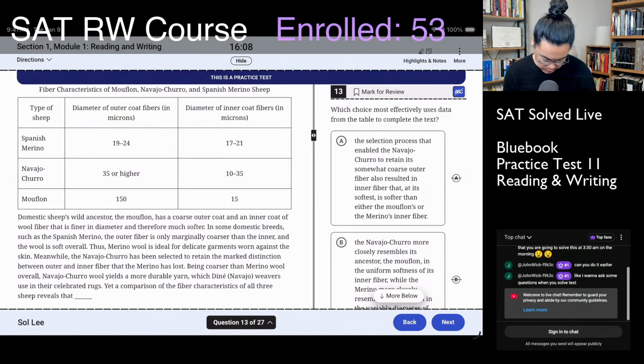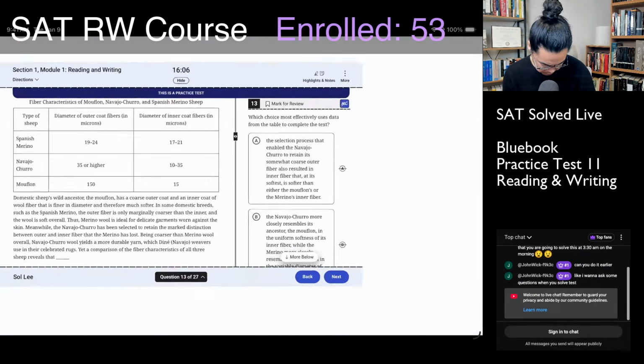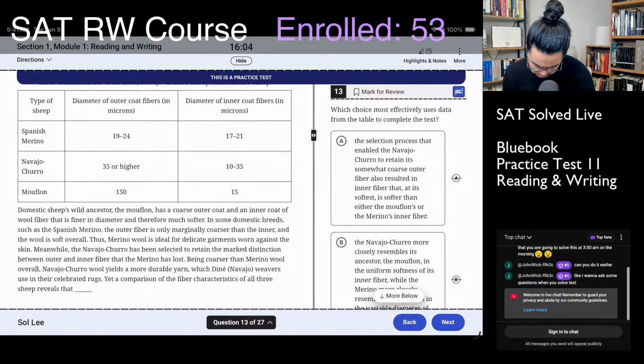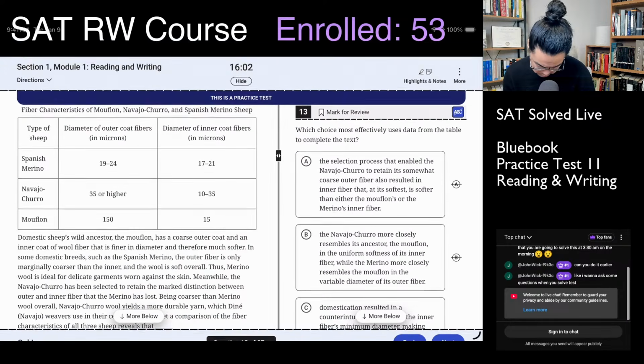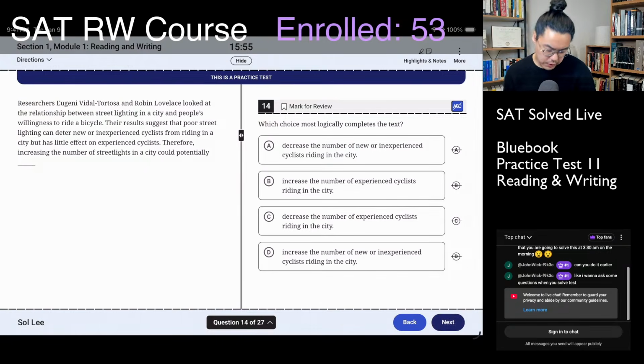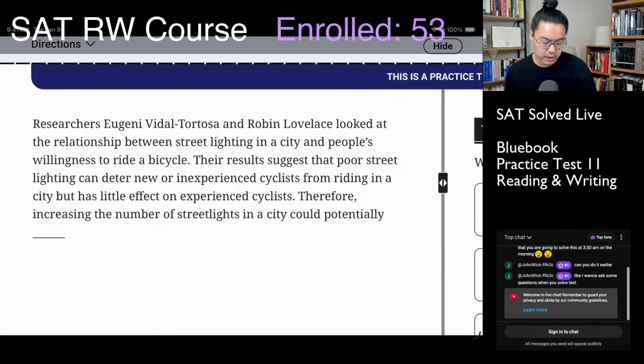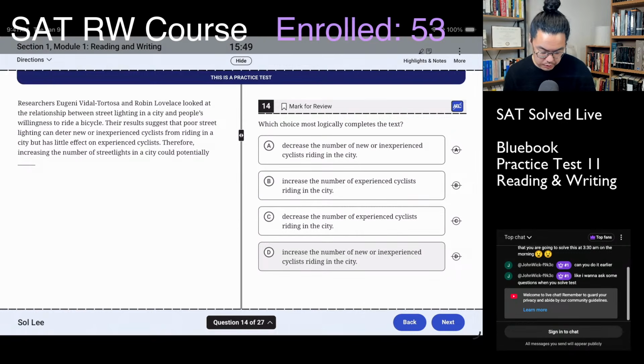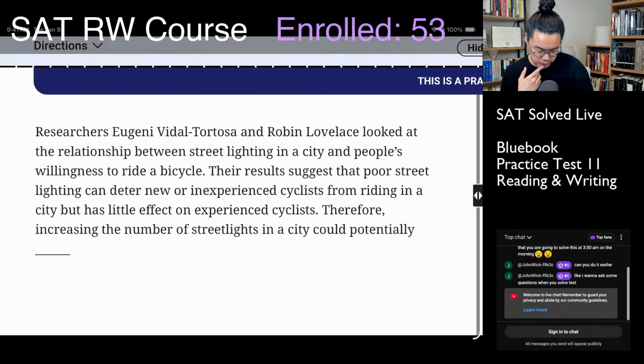That Mouflon can also be really soft. Oh yeah, that's A. Okay, A is totally correct, so gotta move on. I spent already a lot of time on that one, and my brain, whew, I'm struggling right now. Logically completing this one. Here we go.